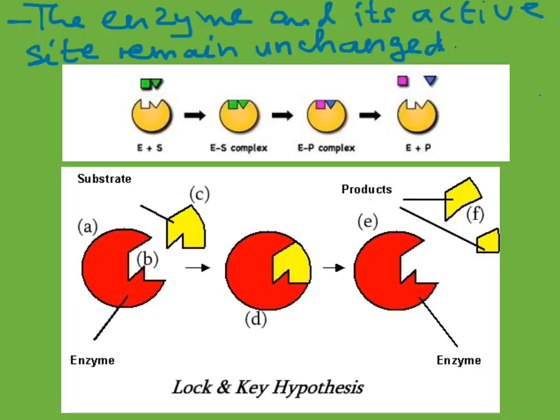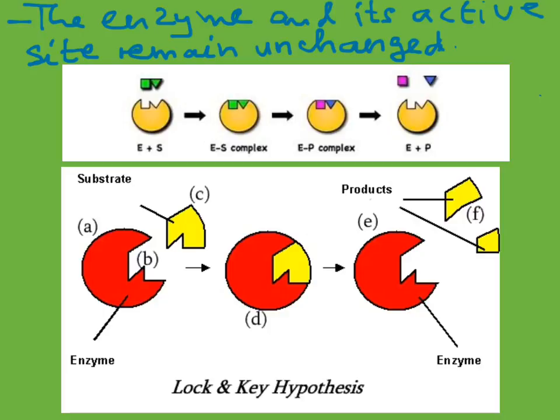This leads to an enzyme product complex. And finally, since it is short-lived, it takes us to E, where the product dissociates or leaves the active site, making the active site free.